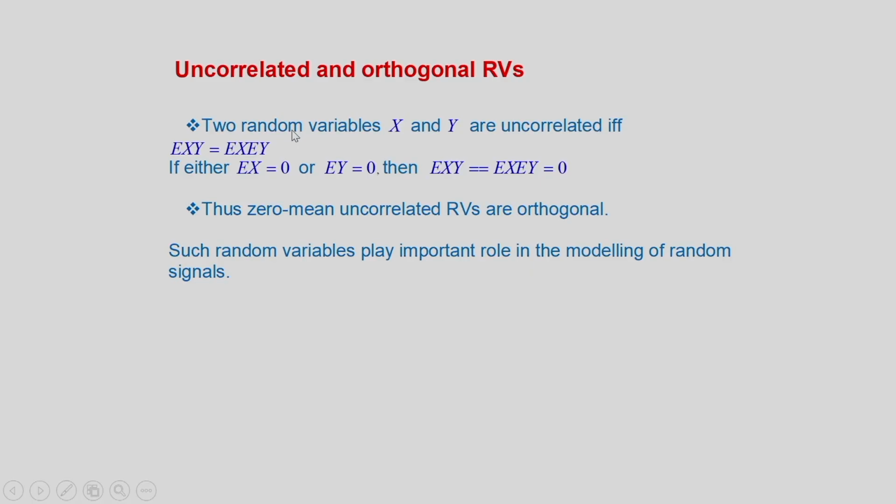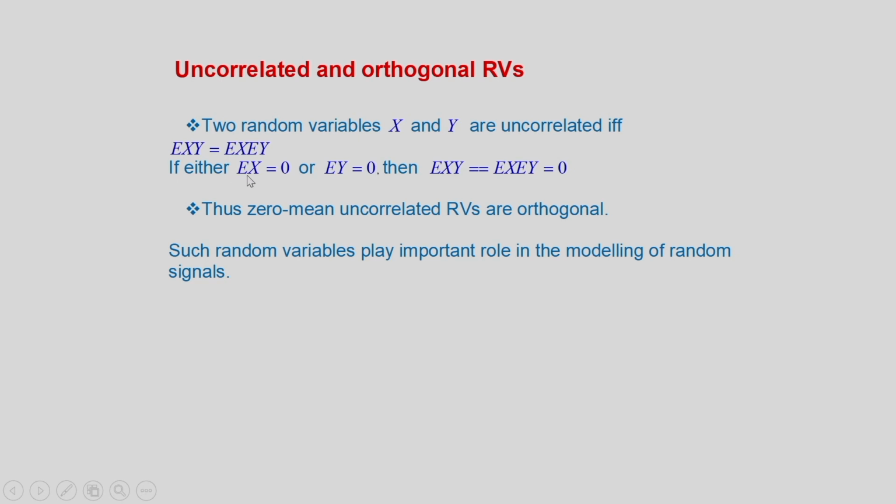So, we have defined orthogonal random variables and uncorrelated random variables, but how are they related? Two random variables x and y are uncorrelated if the covariance of xy is equal to 0. From that we get that E of xy is equal to E x into E y.